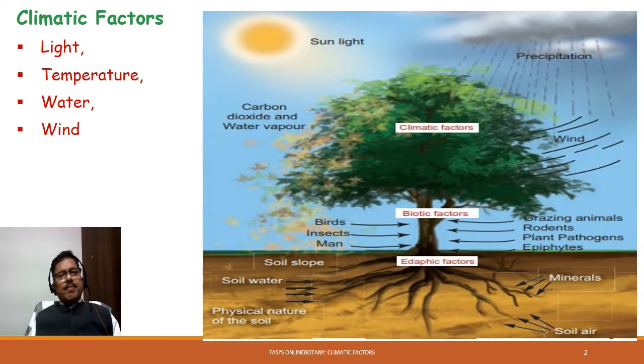Climatic factors. Climate is one of the important natural factors controlling plant life. The climatic factors include light, temperature, water, wind, and fire. The climatic system of Earth is composed of three groups of factors.